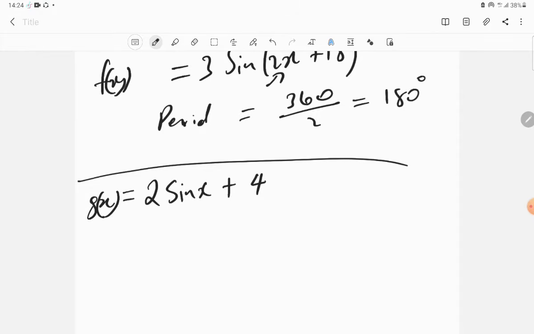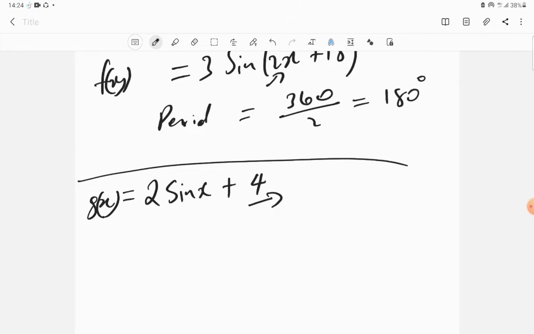If you are adding 4 to the whole function, it is going to affect the y values. The y values are going to go up 4 units. So hence this 4 is going to affect the range, because for range you only concentrate on y values.